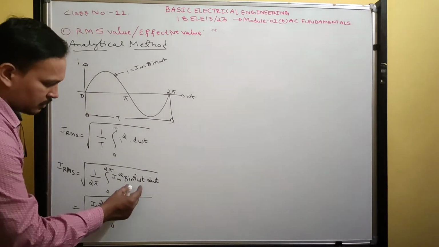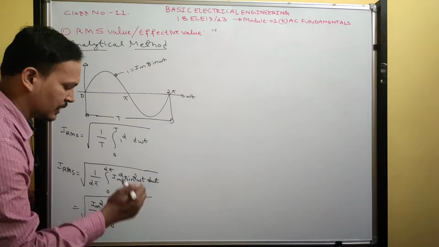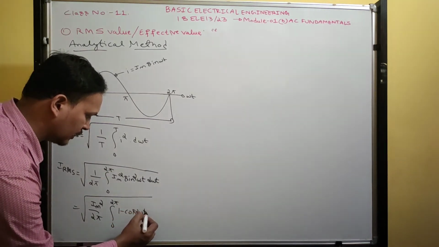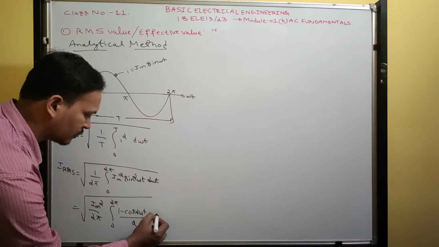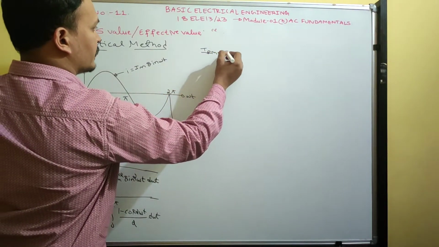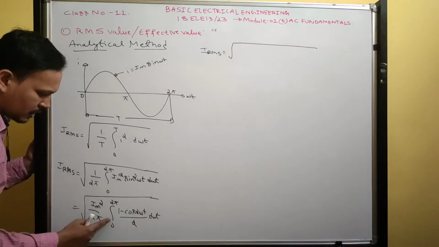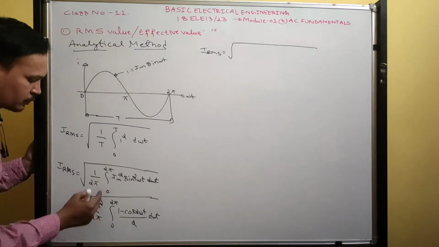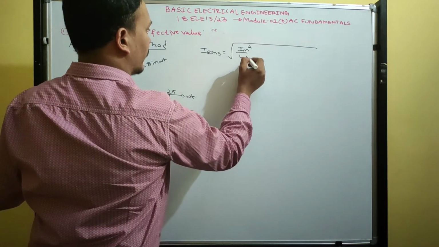Now I am writing the trigonometric identity for sin square theta. Sin square omega t can be written as (1 minus cos 2 omega t) divided by 2, into d omega t. Next, IRMS is equal to the whole square root of, now I am taking this 2 outside the integral, that becomes 2 into 2 pi, 4 pi. So Im square by 4 pi.